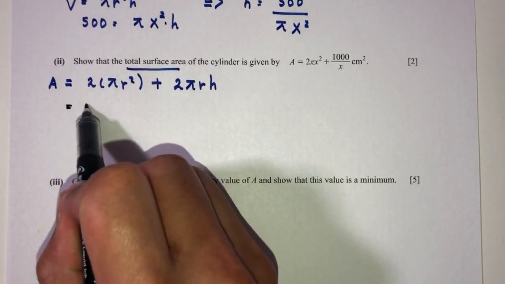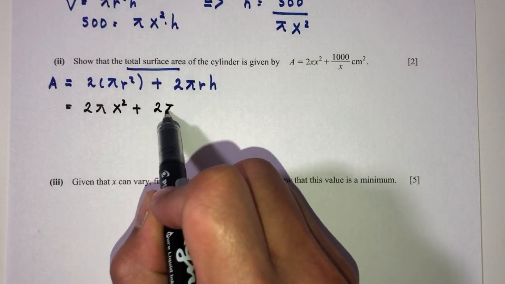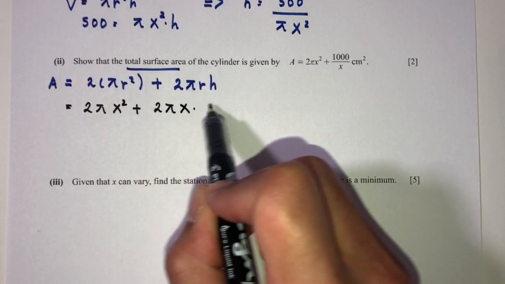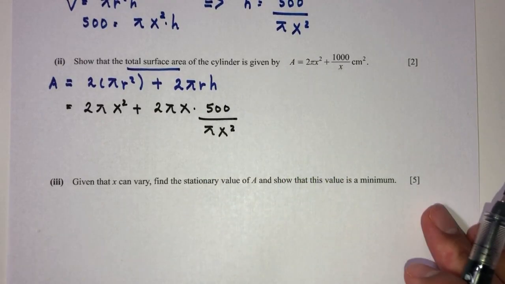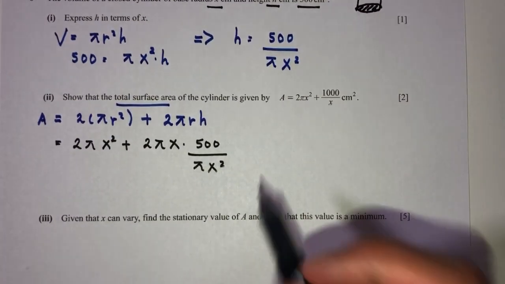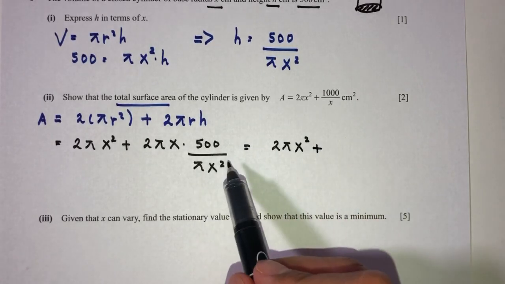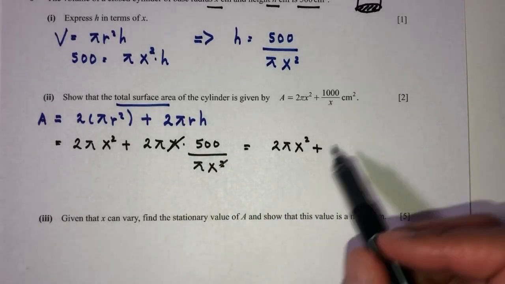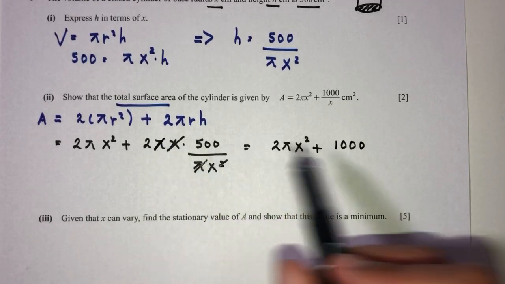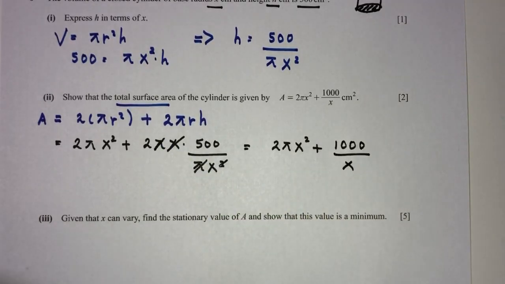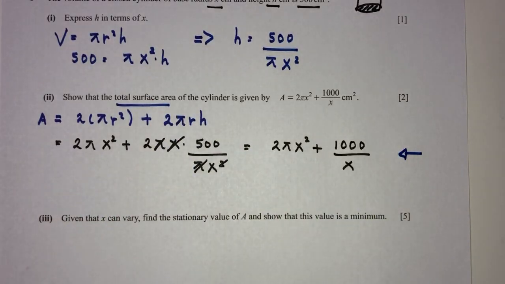That will become 2 pi r square, which is x square, plus 2 pi x times h, which is 500 over pi x square. That is from part 1, right? Now simplify, you will have 2 pi x square. That will cancel out. You have 1000 over x, and this is shown as required for the total surface area.